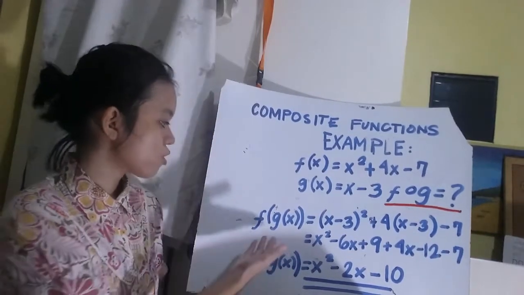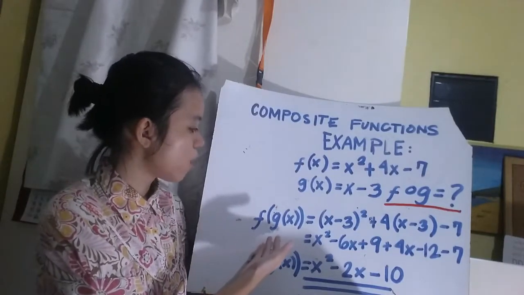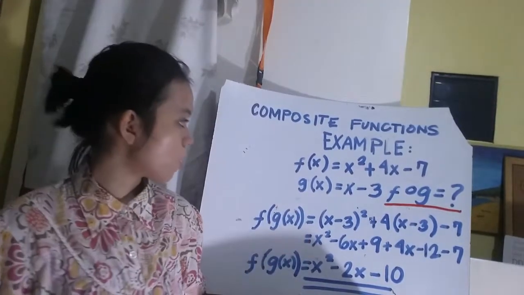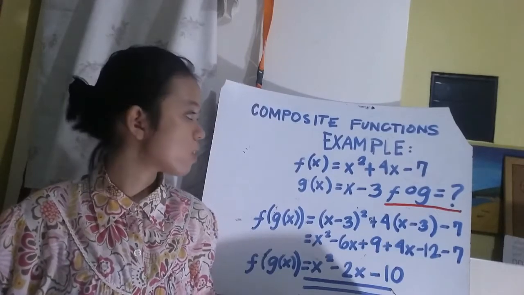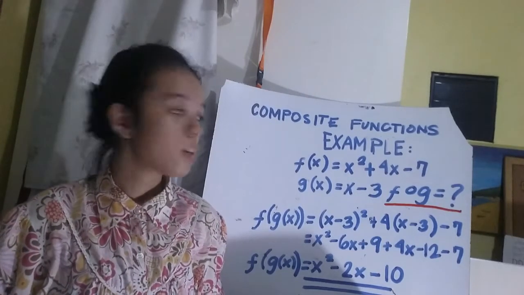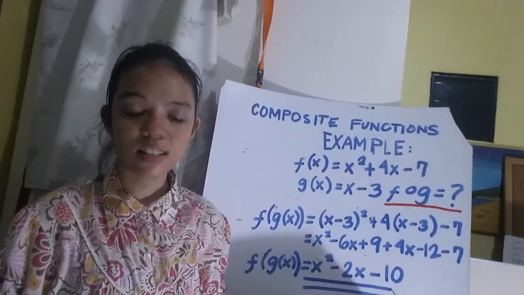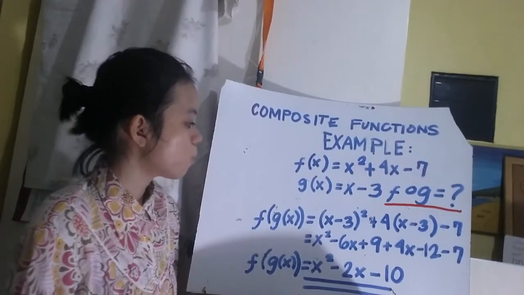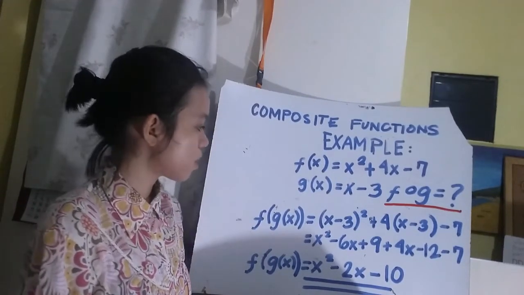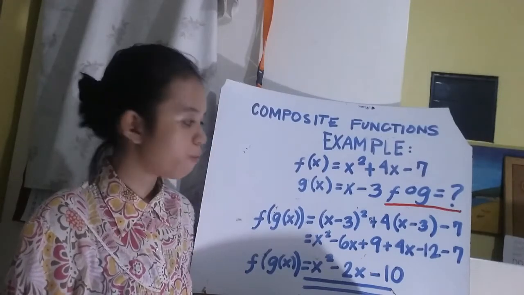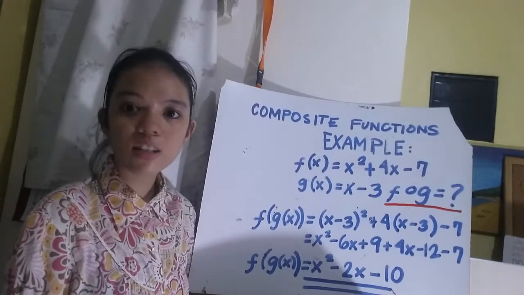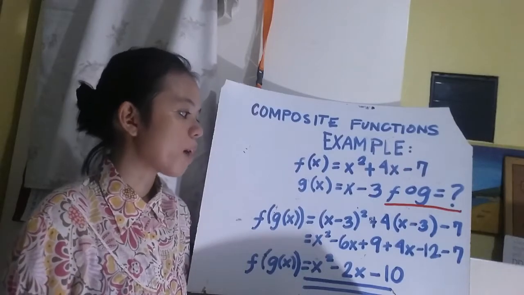So we have the function right here, f of g of x equals, so we're going to substitute f of x by using g of x as its x. So we have here the quantity of x minus 3 squared plus 4 times the quantity of x minus 3 minus 7.